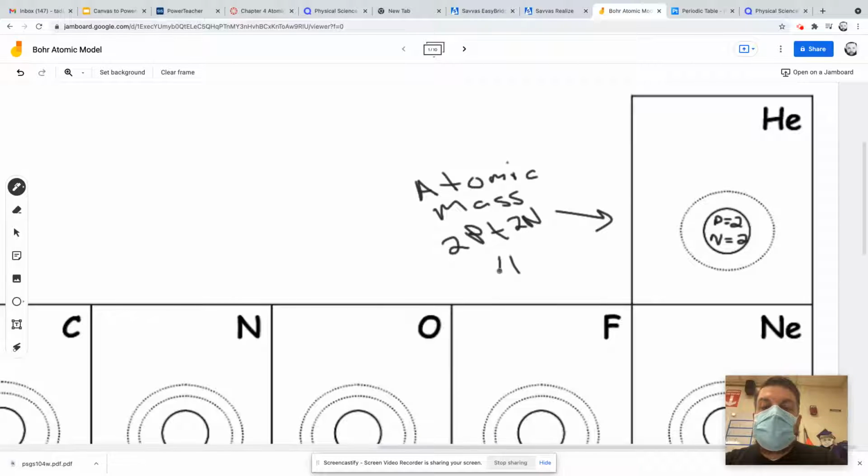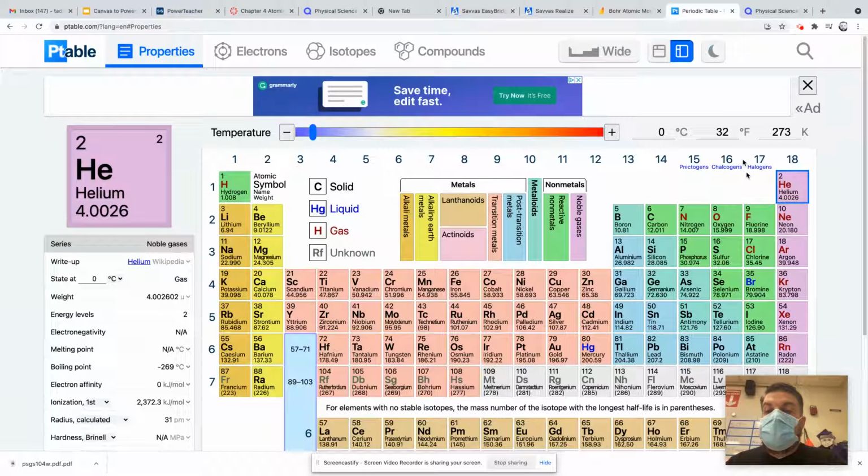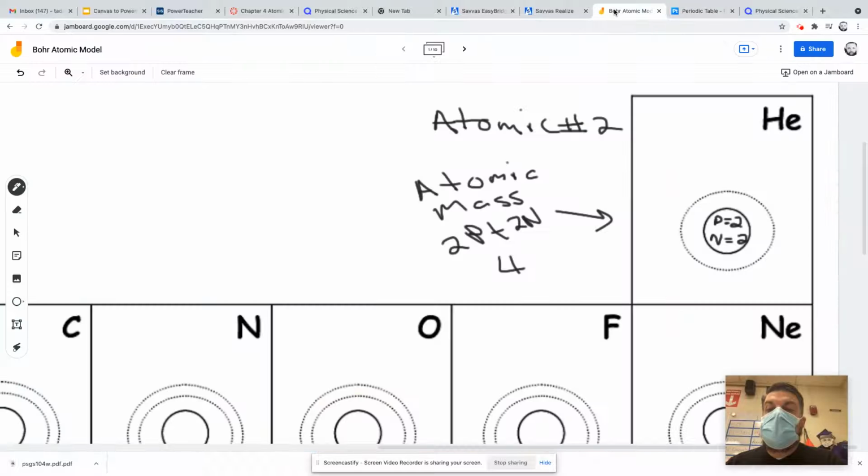So the atomic mass is 4 for helium, where the atomic number is 2. And we could even fill in the entire chart there. We could write it exactly how you see it here. So we could say the atomic number is 2 and the atomic mass is about 4.